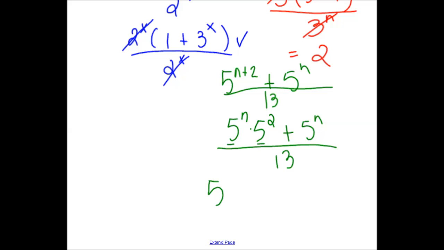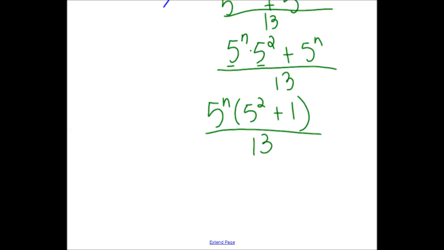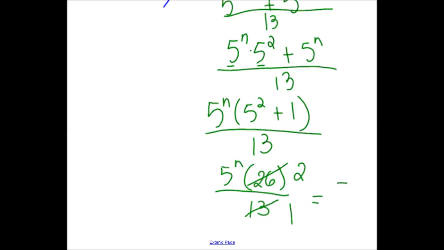So we can factor out 5 to the n. 5 squared plus 1. 5 squared we know is 25, so 25 plus 1 gives us 26, times 5 to the n over 13. We can simplify 26 over 13 because now we've got just multiplication in the numerator. So 26 over 13 gives us 2 over 1, and we're just left with 5 to the n times 2.